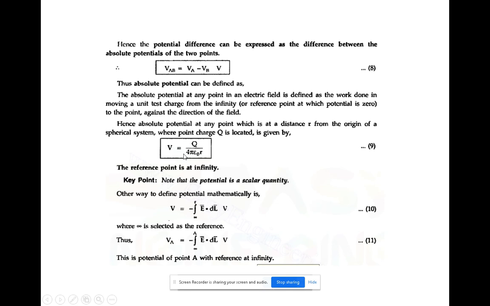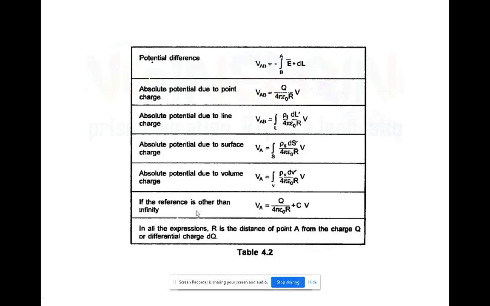That can be represented as V equal to Q by 4 pi epsilon naught into R. So in other way you can mathematically represent the equation as V equal to minus integral from initial stage to final stage, that is unit E vector dot dl vector. Okay, already சொல்லிருக்கோம், no problem. So this is your potential difference equation. Absolute potential na இந்த மாதிரி இருக்கும்.